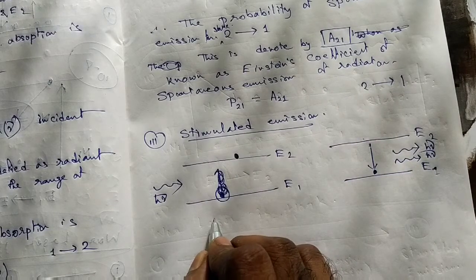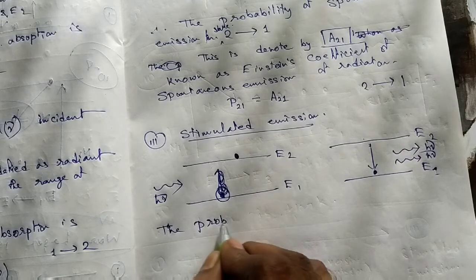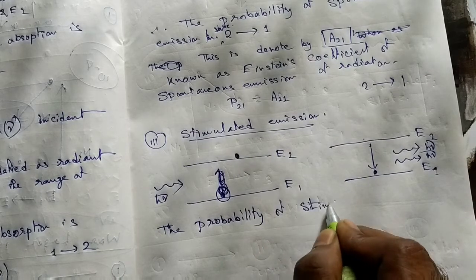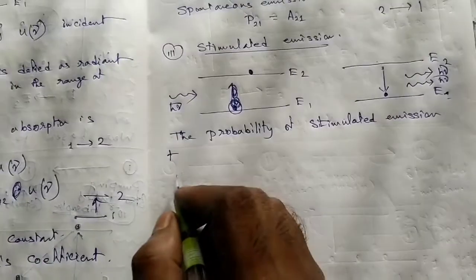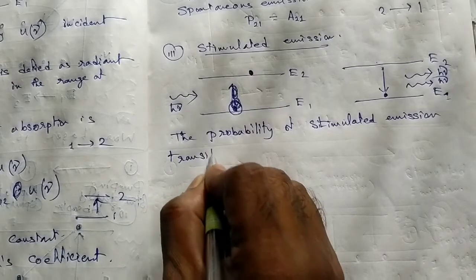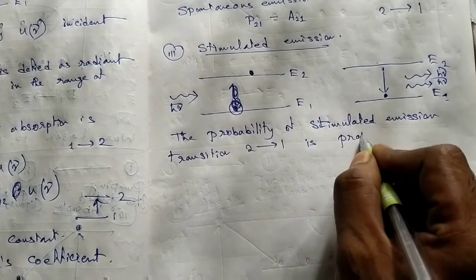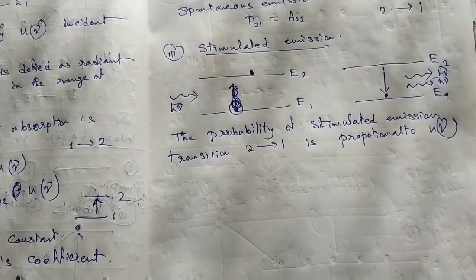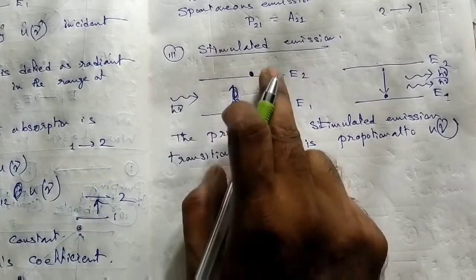And the transition probability of stimulated emission, transition 2 to 1, is proportional to U nu, or energy density, because this external energy excites this E2.